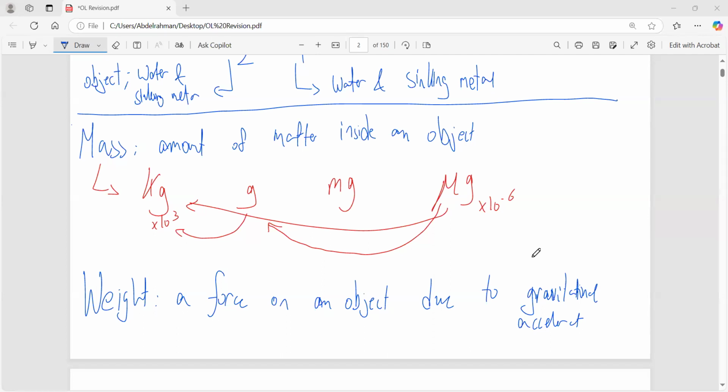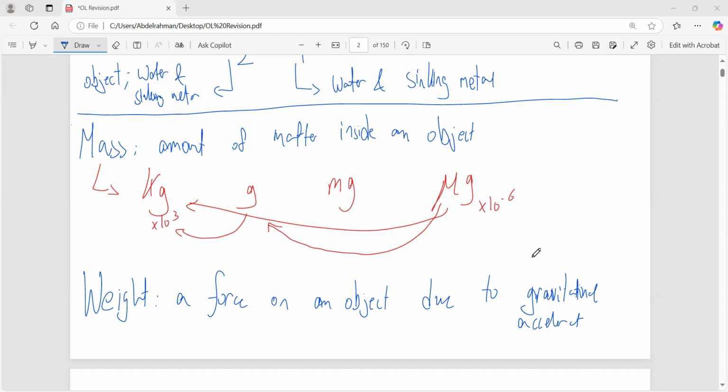So after some time, what will happen to the mass of the water? It will decrease. You can't say that the mass will never change. The mass of this water will decrease because water is evaporating from the surface of the cup. So eventually the mass will decrease and therefore the weight will decrease.